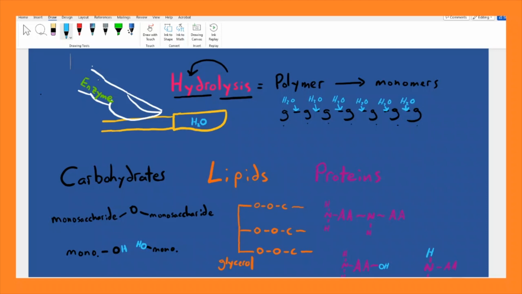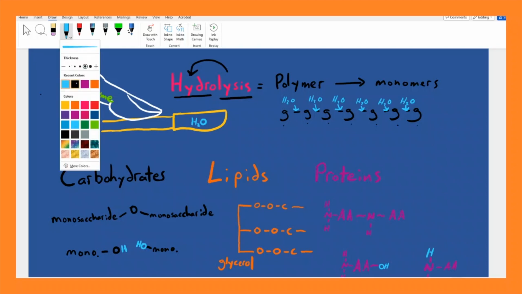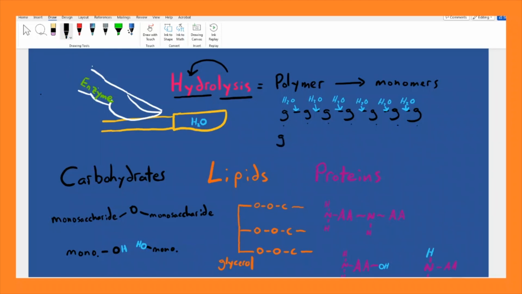I can make this long chain of glucoses into individual glucoses, a monosaccharide, another monosaccharide, like that. The way I do this is hydrolysis, breaking apart these chemical bonds through the addition of water.